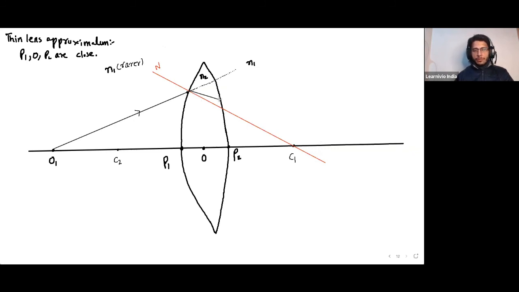But if you look carefully, when the ray reaches here, it's moving from denser to rarer. It will again undergo refraction. You're getting me? When the rays are moving from the lens to the surrounding, it's again moving from denser to rarer, so it will again refract.